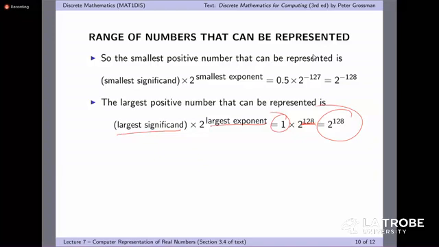That's massive. Suppose I ask you not to write it as 2 to the power but as 10 to the power. What do you think the number could be? At the moment the range is between 2 to the power negative 128 and 2 to the power 128.